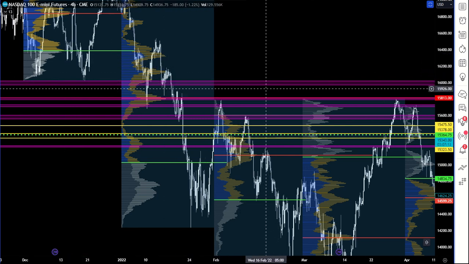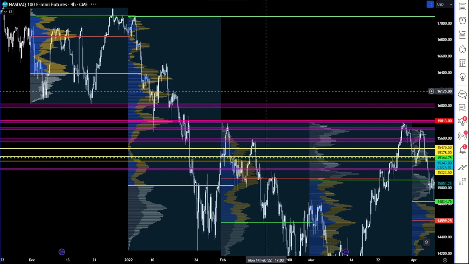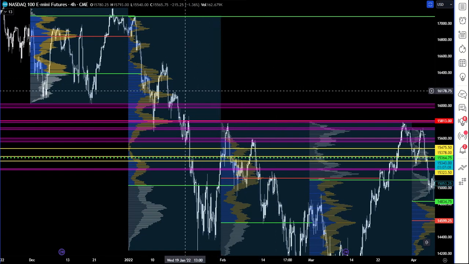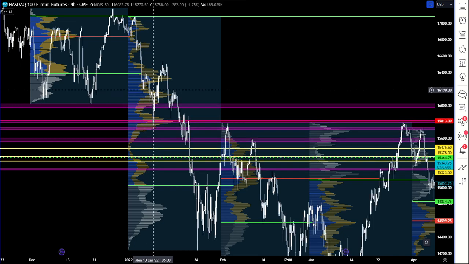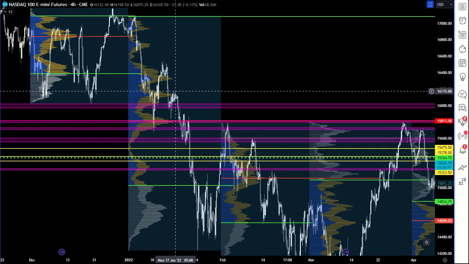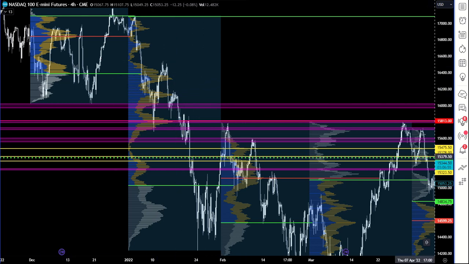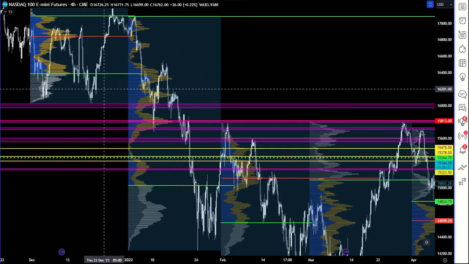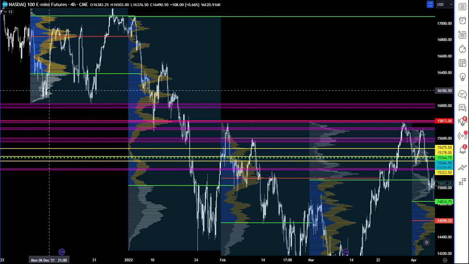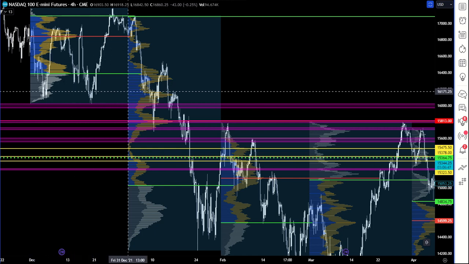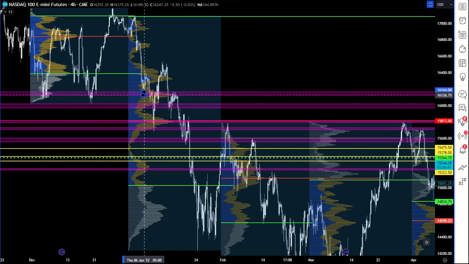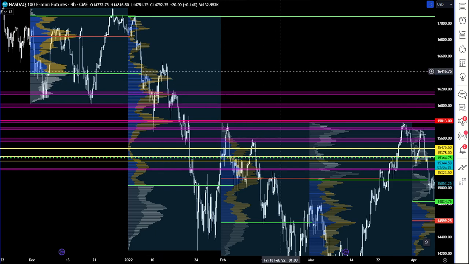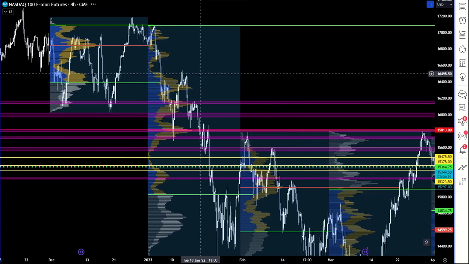Let's see. Coming up here, another shelf, a huge point of rejection, and a bounce, bounce, bounce, rejection, rejection, all kinds of rejections here. And keep in mind, we're on a 4-hour, so these are big zones. And this is a lower volume node here. It's a shelf here. And there's my zone.